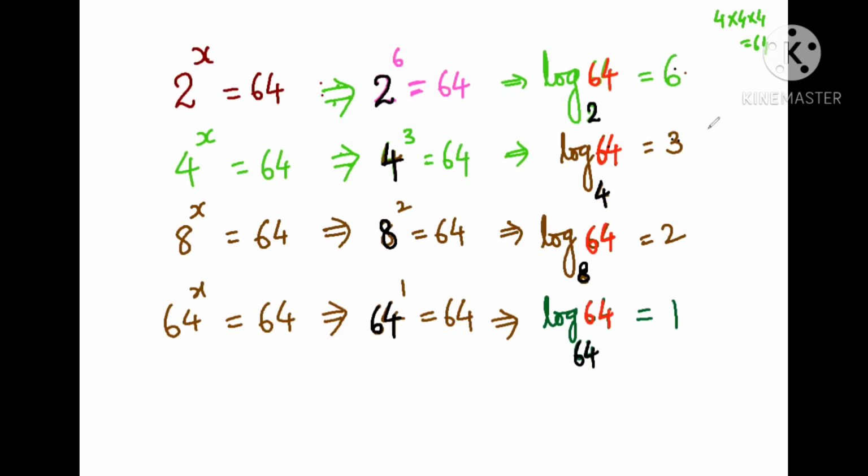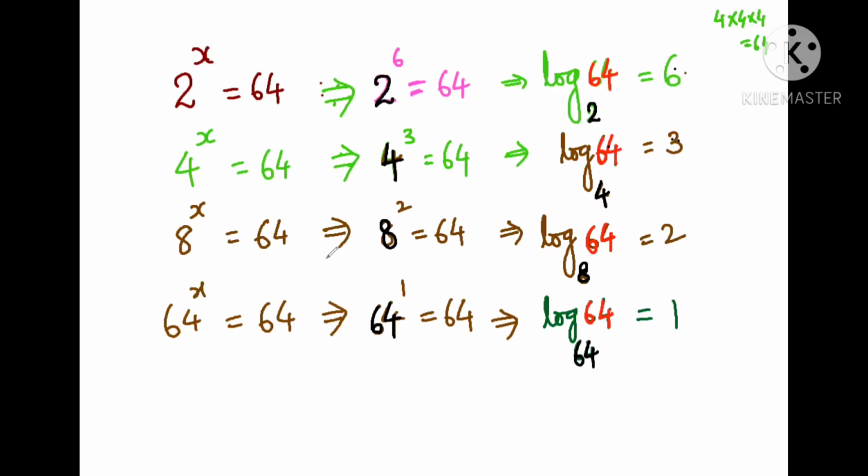Here the fixed number is 2, then 4, then 8, then 64, and that should be raised to produce the given number. 2 should be raised to 6 to produce 64, 4 should be raised to 3 to get 64, 8 should be raised to 2 to produce 64. In this way, the logarithm of a number is not fixed. It depends upon the base.